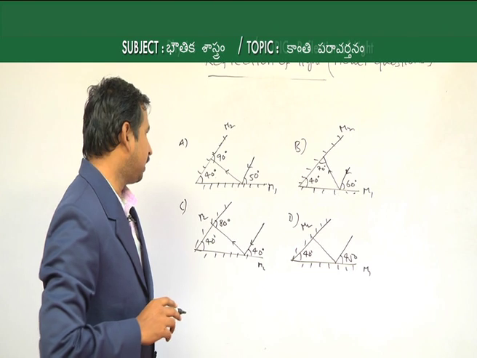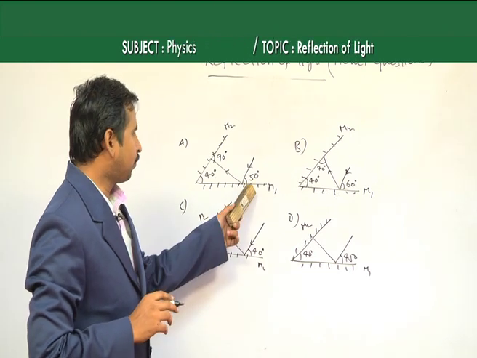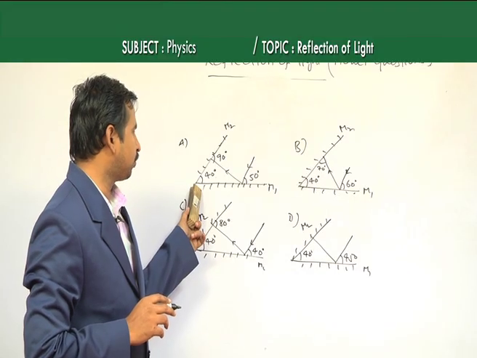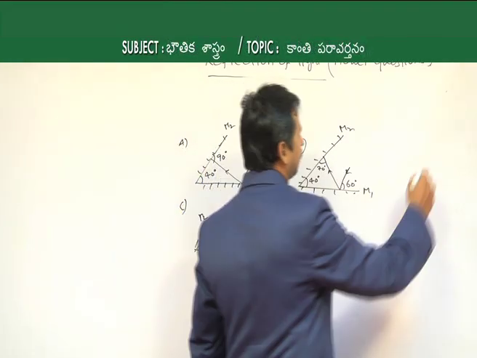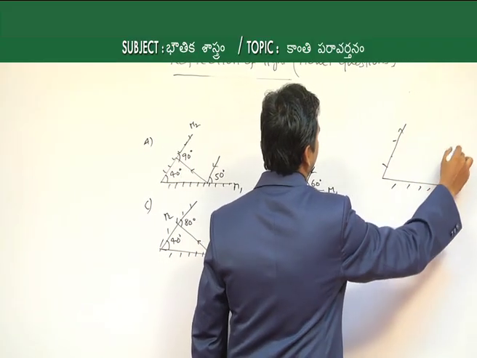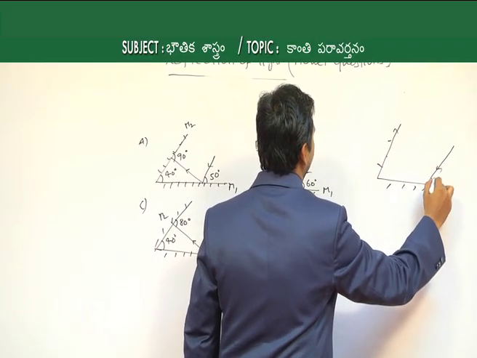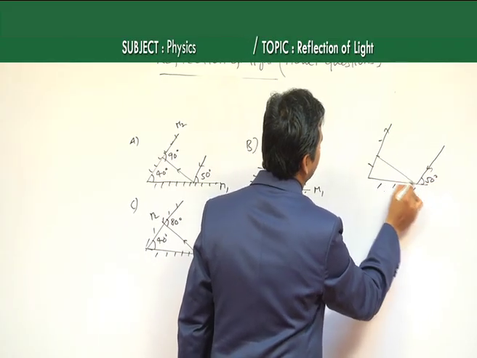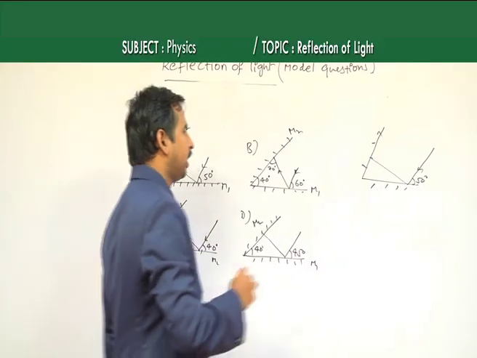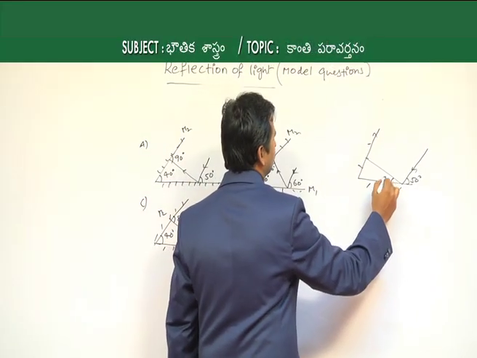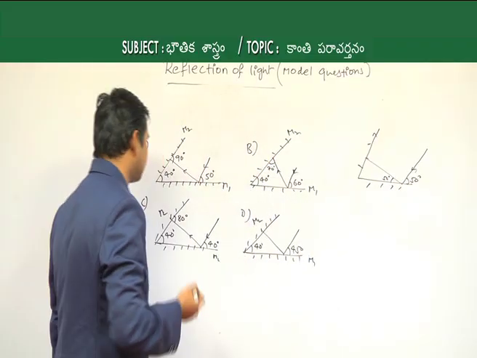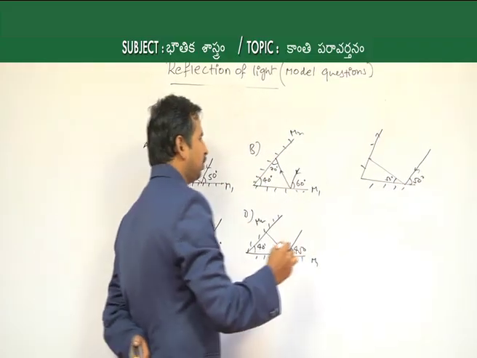If you see the first figure here, we have 40 degrees as the glancing angle of incidence, and the angle between the mirrors is 40 degrees. In this case, as the glancing angle is 50 degrees, whenever it reflects back here, the glancing angle also becomes 50 degrees. As this is 50 degrees, this also becomes 50 degrees, and this is equal to 40 degrees.